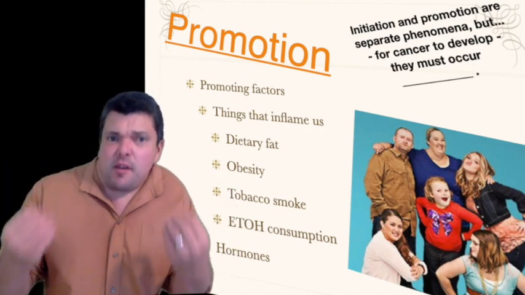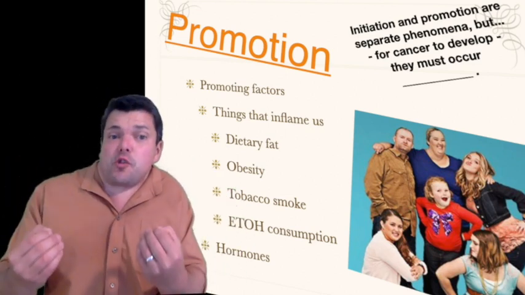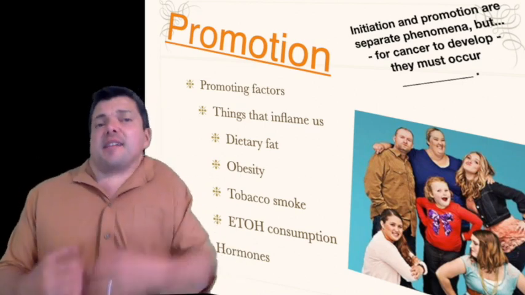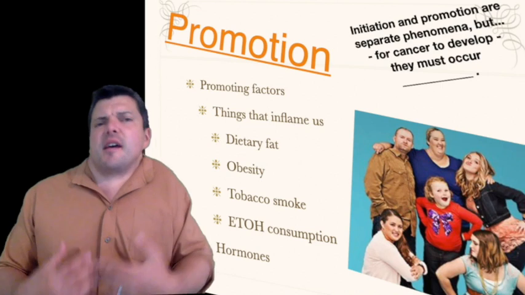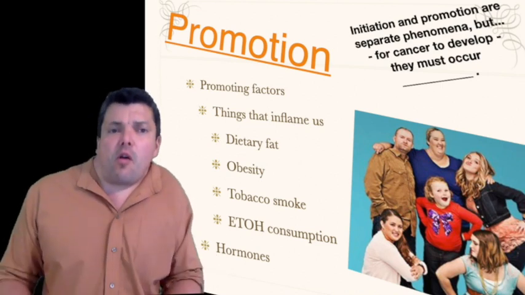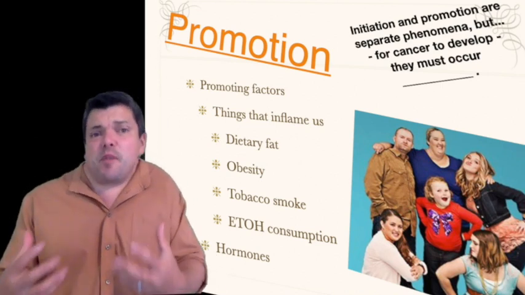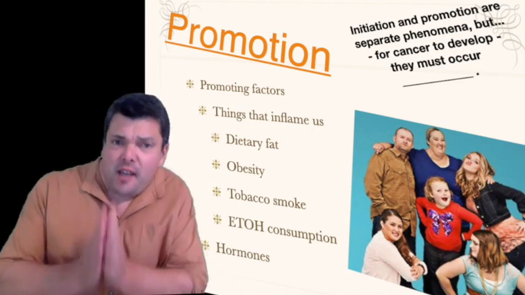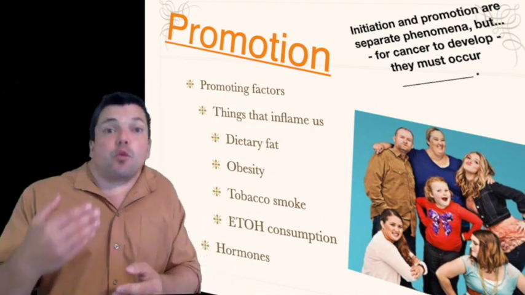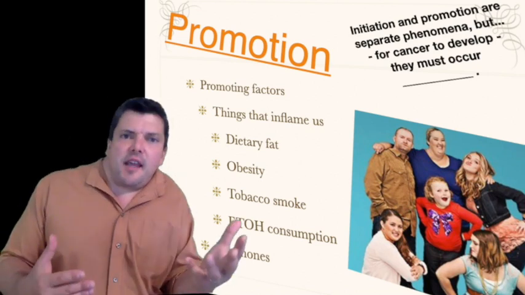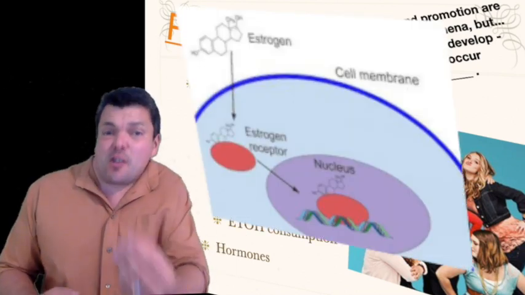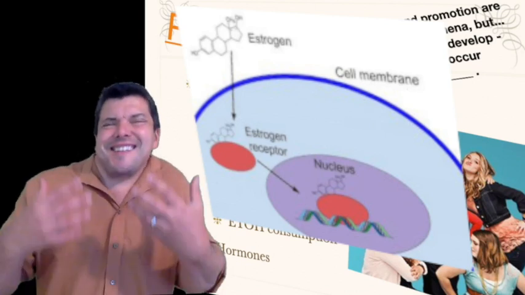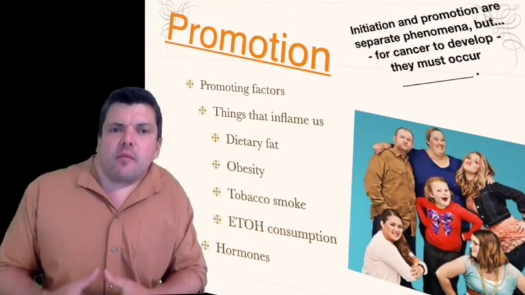The most common source of promotion is chronic inflammation from things like dietary fat and being obese, tobacco smoke, alcohol, but hormones too can be an agent of promotion for cancer cells. Most commonly, and probably most reputedly, in breast cancer, where it uses estrogen, for the most part, as an agent to promote its continued growth and division.